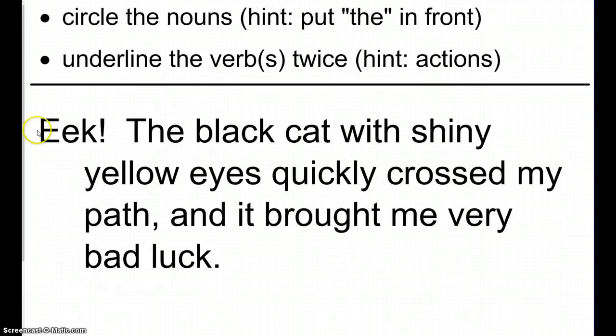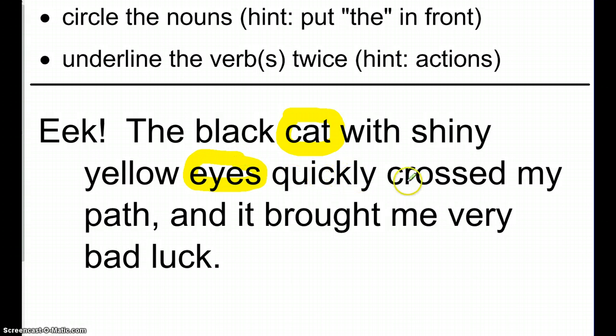And so we did a little test here to see if we could go through and find all the nouns. And our hint was that we could put the in front of them. So we can't say the black, but we can say the cat. We can't say the with, the shiny, the yellow, the eyes worked.